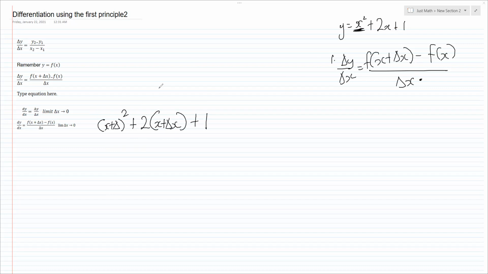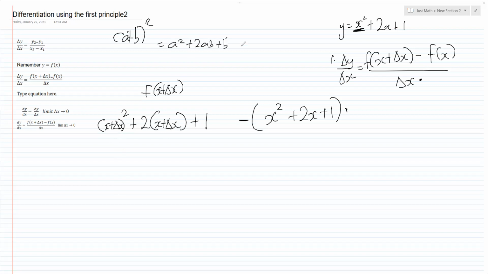First part, f of x plus delta x, minus f of x, we just have x squared plus 2x plus 1. Now what do we do here? We have x plus delta x all squared. Like we said, a plus b all squared will be a squared plus 2ab plus b squared. So same thing here: x squared plus 2x delta x, plus delta x all squared.